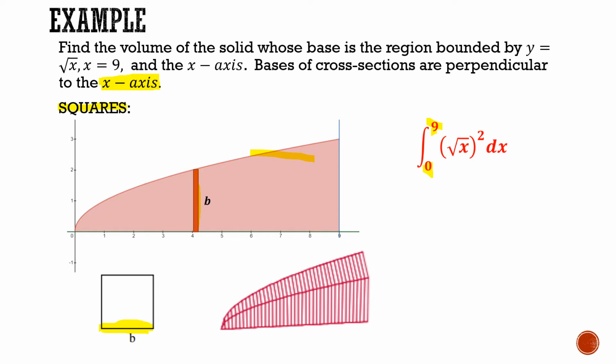So it'd be root x minus 0, top minus bottom. So we have root x squared. Now when I clean this up, I'm going to have the integral from 0 to 9 of x dx, and then I'm going to integrate that to have x squared over 2 from 0 to 9. Plugging in my bounds, I get 9 squared over 2 minus 0 squared over 2, which is simply 81 over 2.